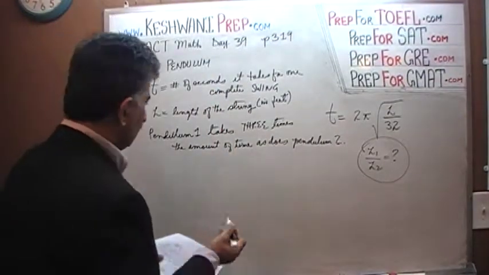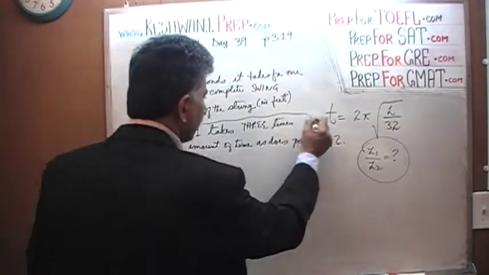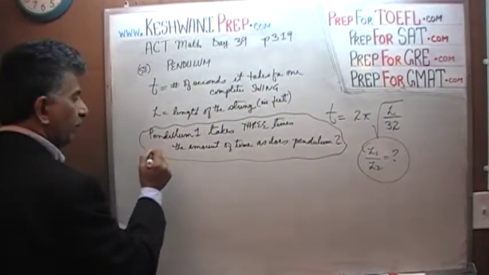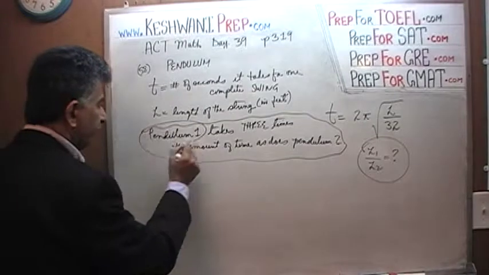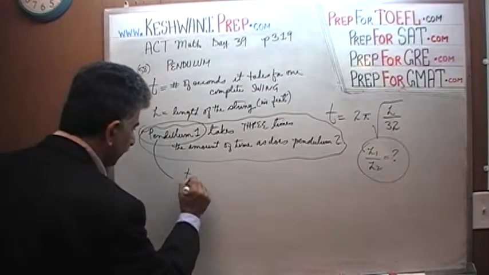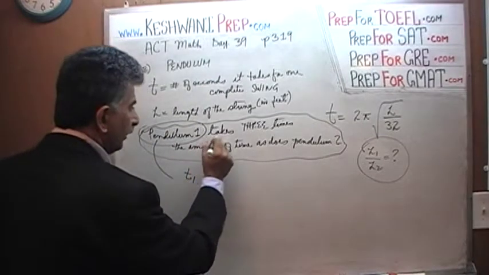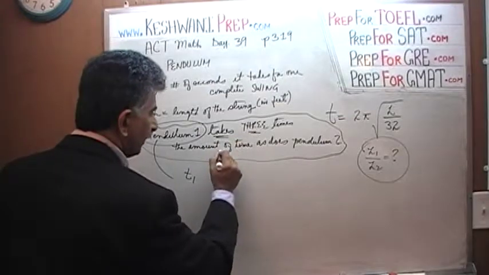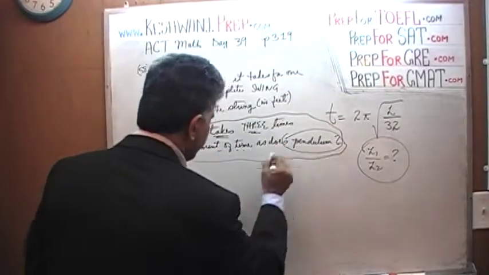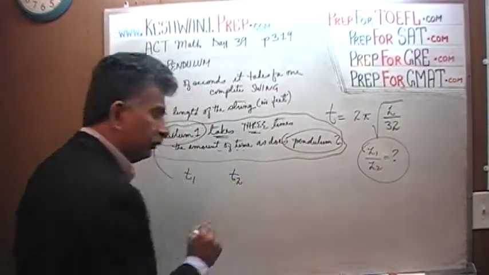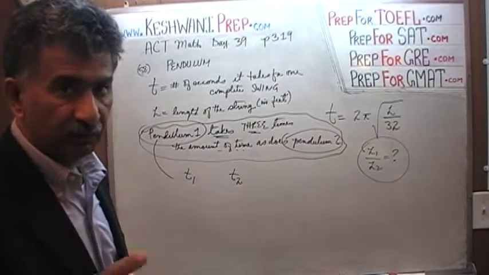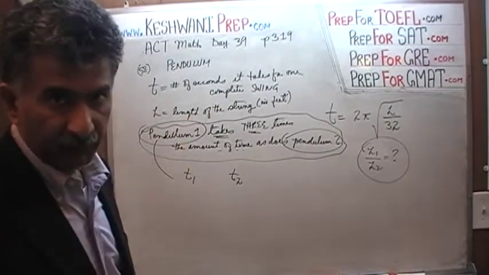We're going to translate this into an equation. Let's call the time it takes pendulum 1 T1, and the time for pendulum 2 T2, which is the amount of time for pendulum 2 to complete one swing.